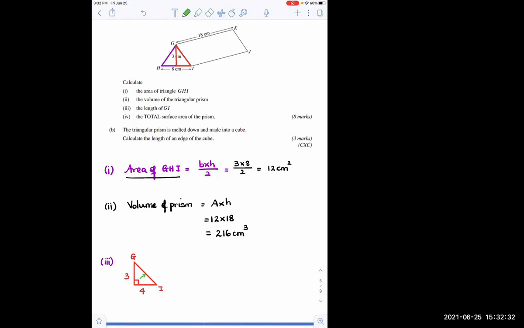Instead of me giving you the whole long Pythagoras theorem, I'm going to give it in a nutshell. If you want to find the longest side, it is the square root of the sum of the squares of the other two sides. If you want to find one of the other sides given the hypotenuse, you subtract. So go ahead, find GI.